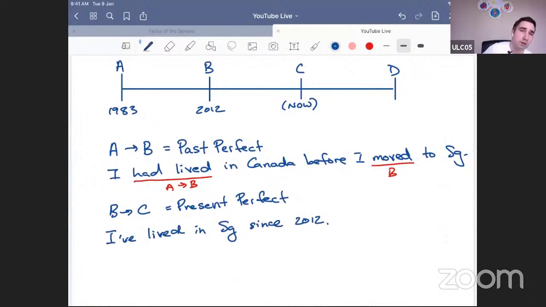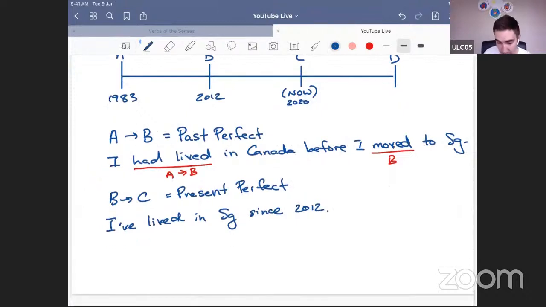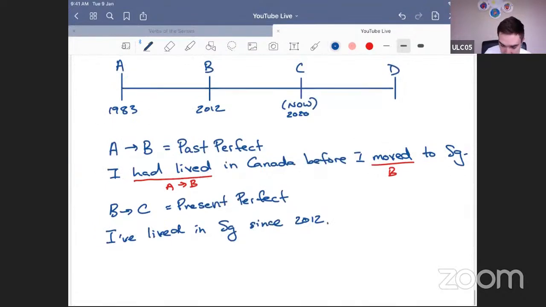So from A to B, that's what happened. And then from B to C, of course, now is 2020, I have lived here for 8 years, I have lived here since 2012, just for example. So A to B and B to C, those are the perfect tenses. So A or B equals past simple.